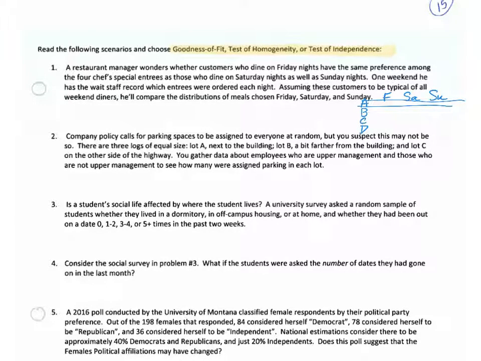So envision that this is the way your data is organized. What kind of situation do we have going on? It looks like it's independence. We have 2 variables, the day and the chef. And so that would mean it's a chi-squared test of independence.